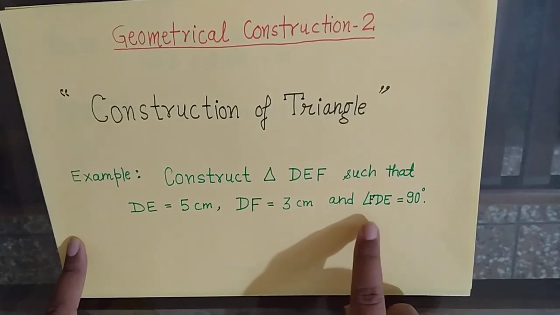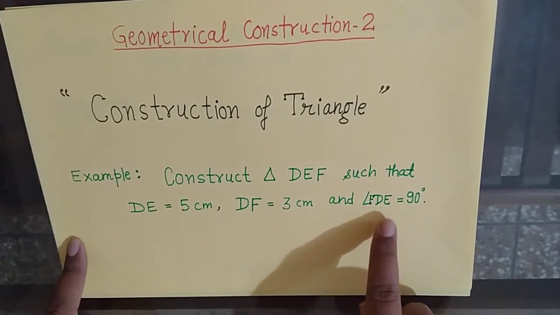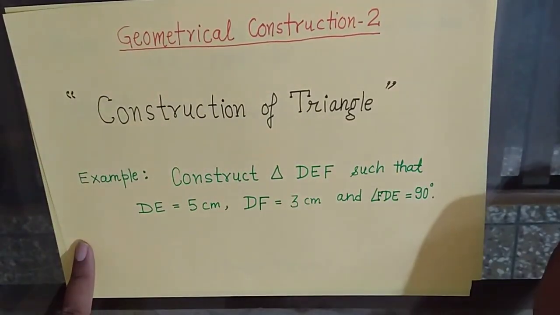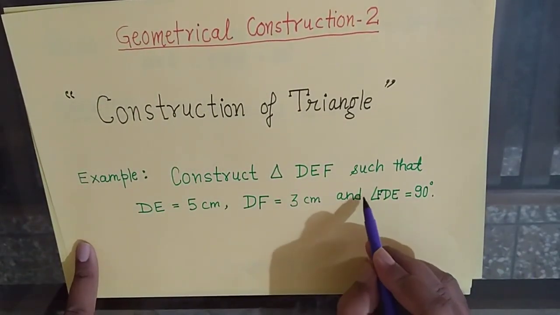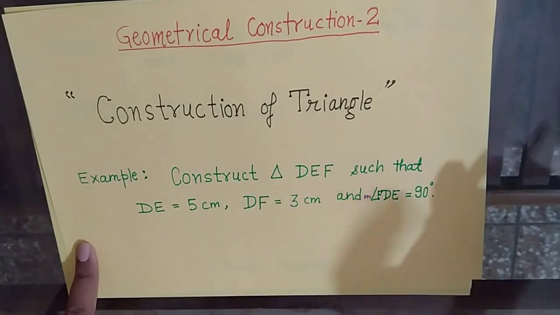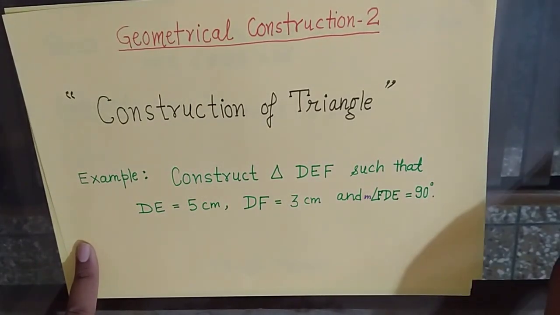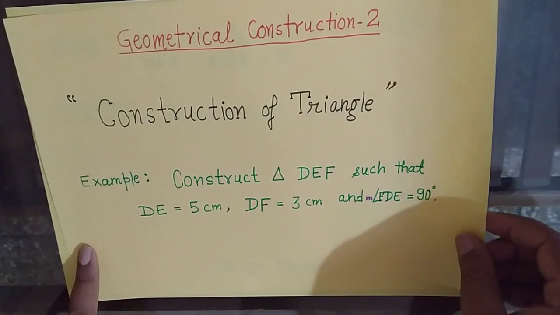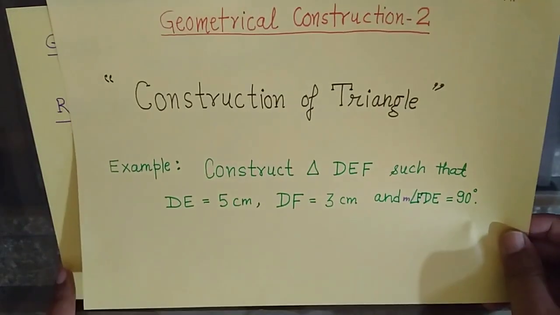and angle FDE equal to 90 degree. That is, measure of angle FDE equal to 90 degree. By taking this example, we construct the triangle DEF.